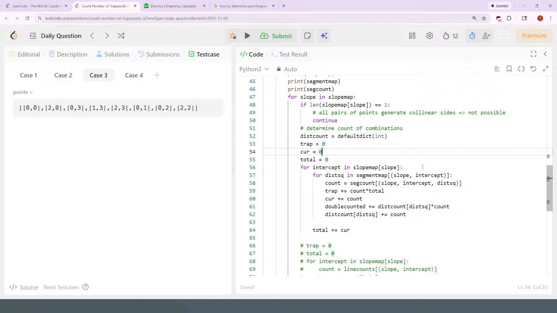Otherwise, it's going to be whatever it is at the previous intercept, including the previous intercept. Then the current is incremented by the count, so the current is just the number of line segments on this particular slope intercept. Double counted is the current count times however many times there have been this distance.